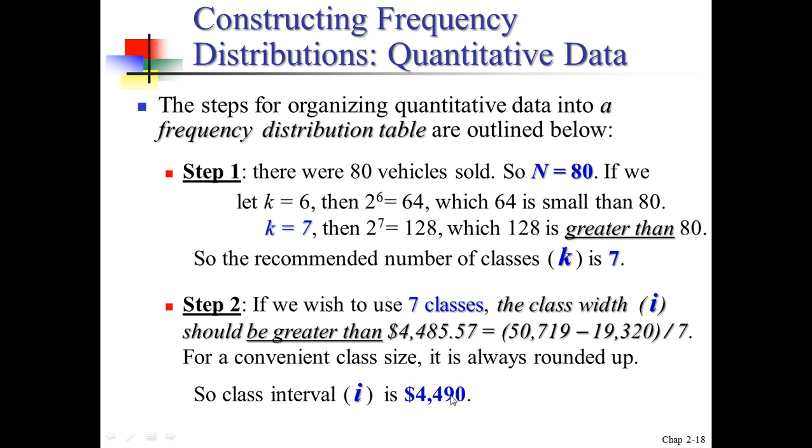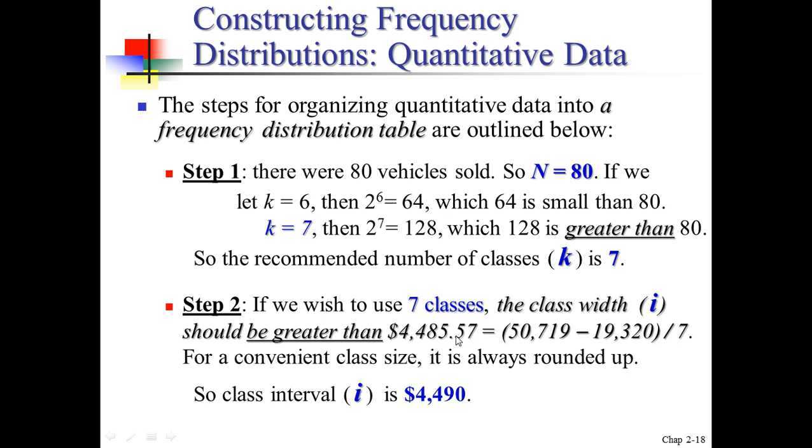So when you take the number, try to set the number a little bit bigger than this result. Maybe some of you are asking, our result from the calculation is 4,485 or 86, 85.57, can we take I equal to 4,486?